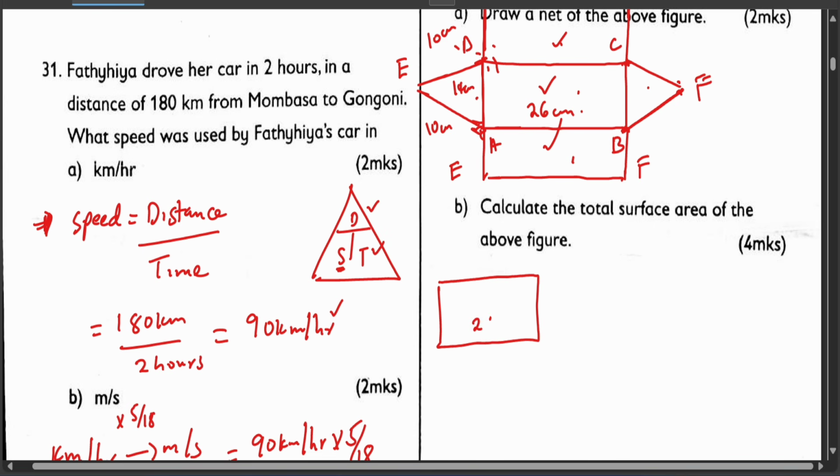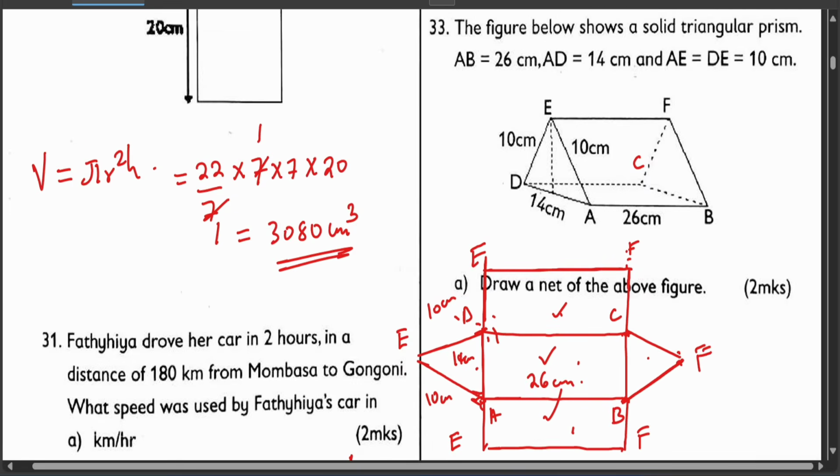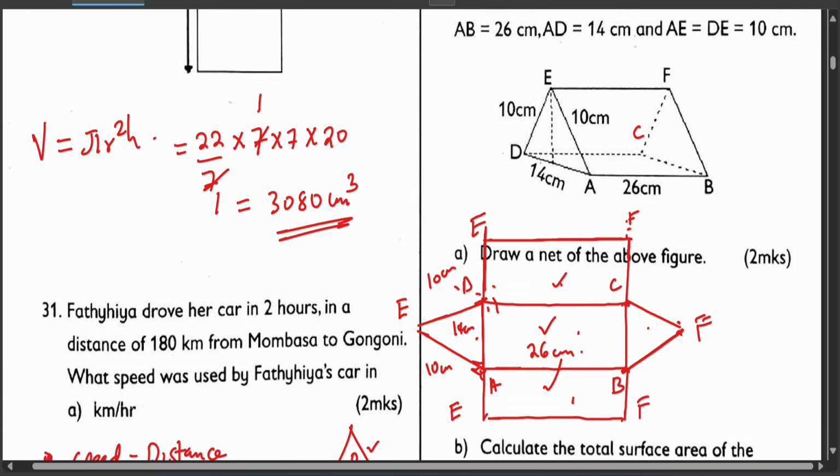For the first rectangle that we see, the length is 26 centimeters, the width is 14 centimeters. To calculate the area it's easy, 26 times 14. Taking 26 times 14 gives you 364 centimeters squared. For the other rectangles, there is one that is 26 and 10, and another that is 26 and 10.